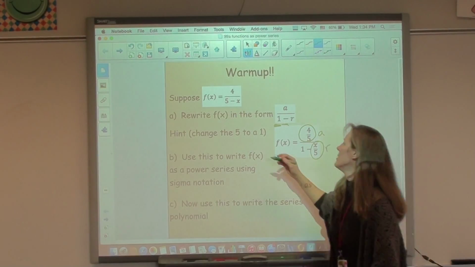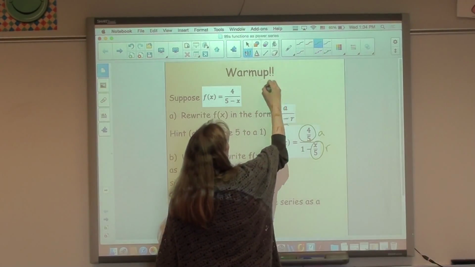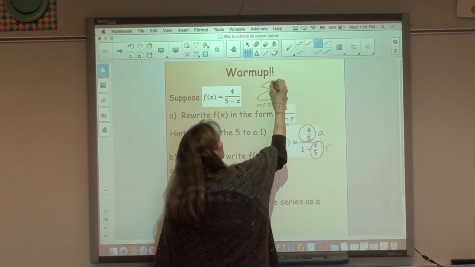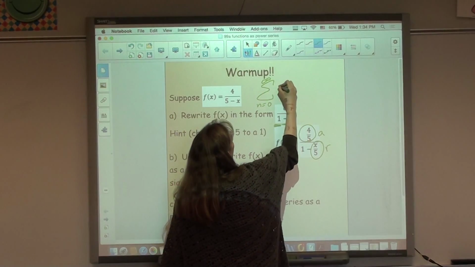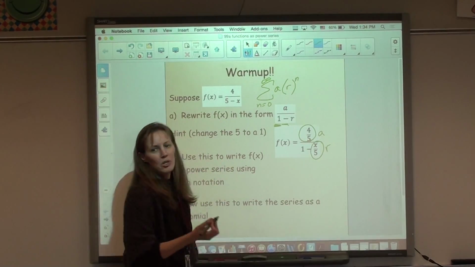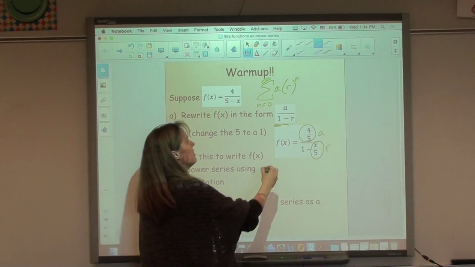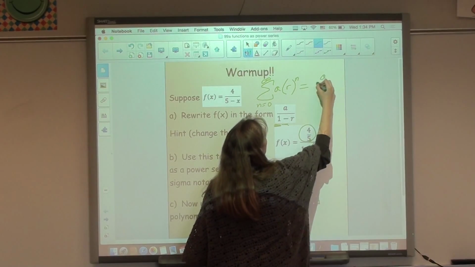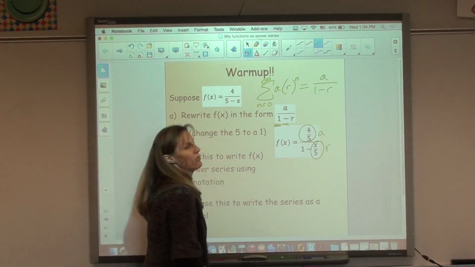Now if you think about the sum as n goes from 0 to infinity of a times r to the n, geometric series, we know that this sum is a over 1 minus r.